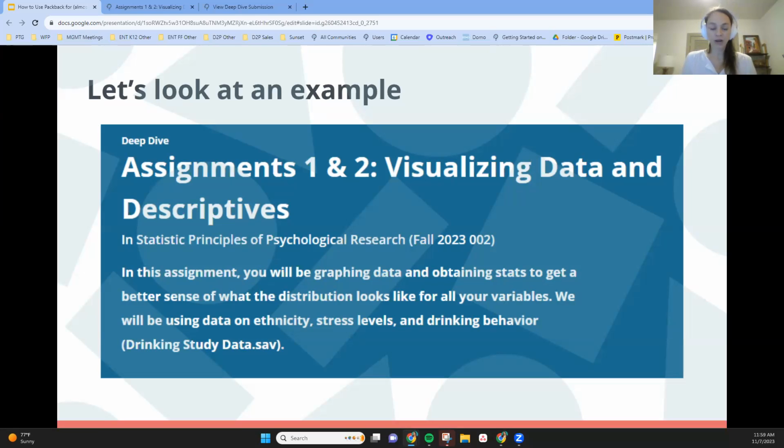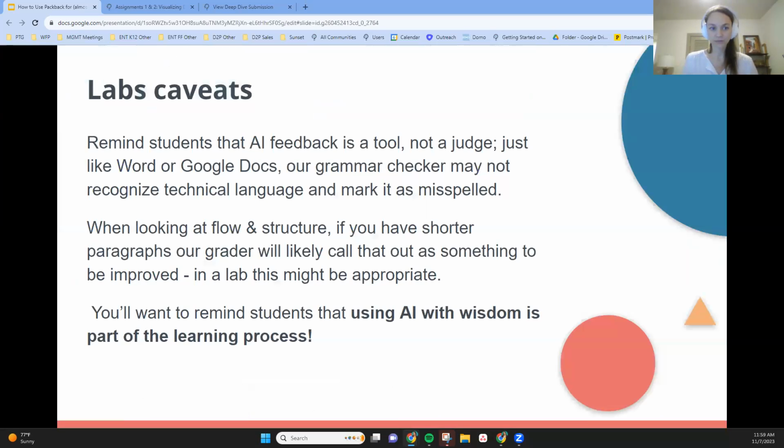So here's what I would recommend when you're doing a lab on Packback, if you think this could affect you or your students. First, and this is probably good for any time students are using any type of AI, is reminding them that it's a tool, it's not a judge.